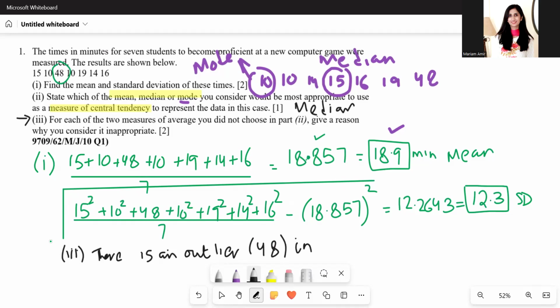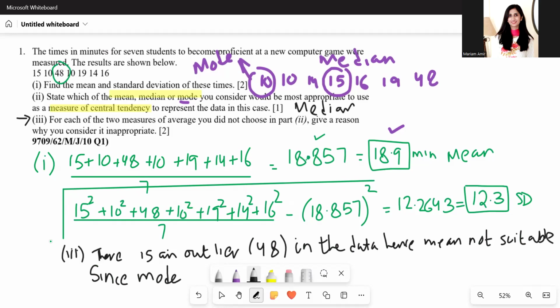There's an outlier in the data, hence the mean is not suitable. And since the mode is the smallest data value, it is not suitable either.